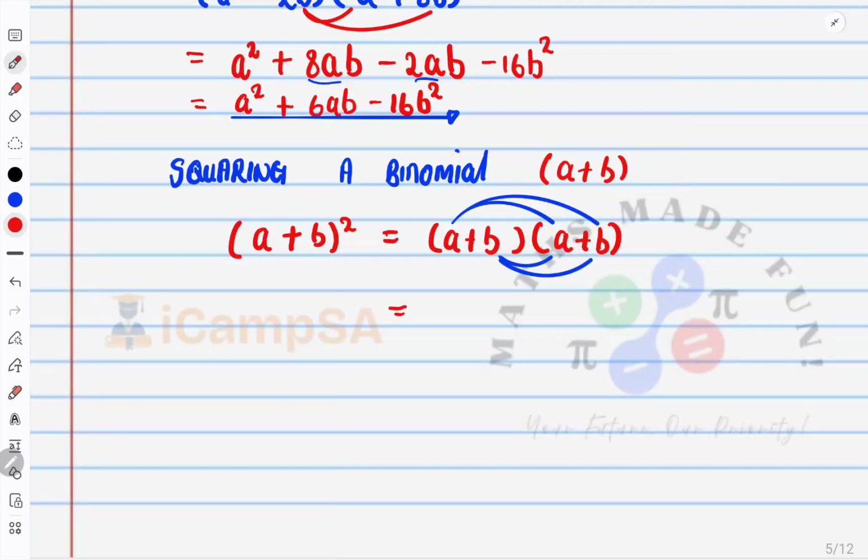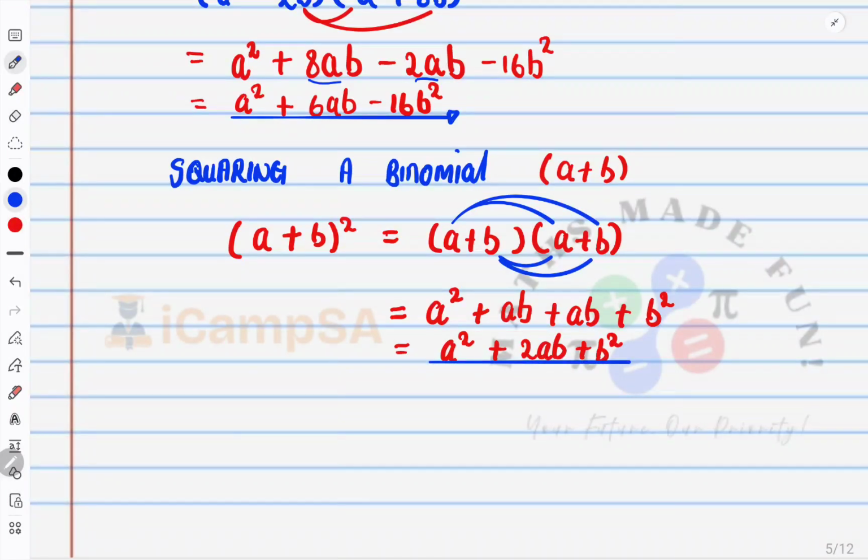It's a into a, that will be a squared, plus a times b, ab, plus b times a is ab, plus b times b, which is b squared, and this is finally equal to a squared plus 2ab plus b squared.